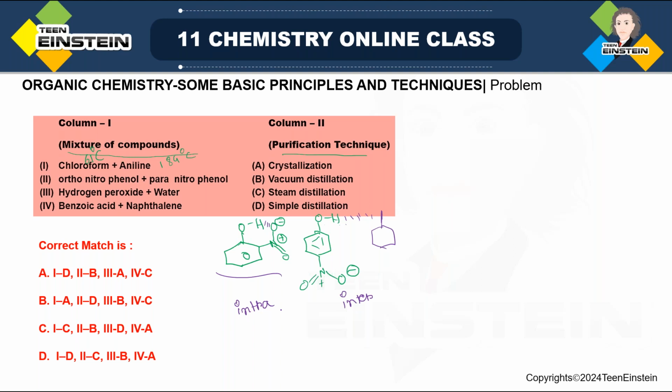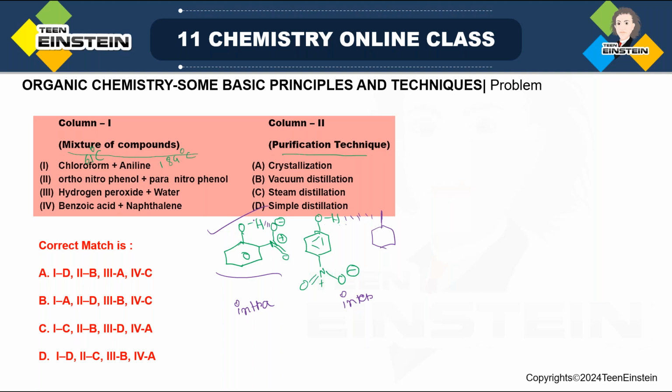Because of this special property, only orthonitrophenol is steam volatile, not paranitrophenol, which has very high boiling point and melting point. As only this one is steam volatile, when you apply steam distillation, only orthonitrophenol will be mixed with water and collected in the distillate, and paranitrophenol will remain in the distillation flask.